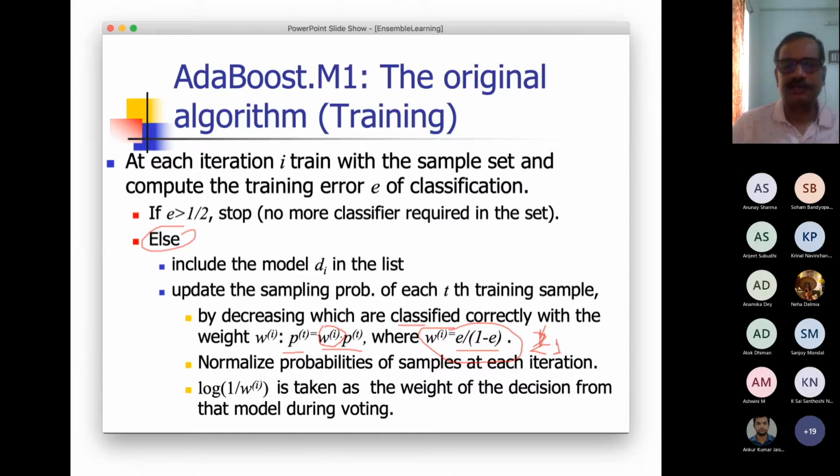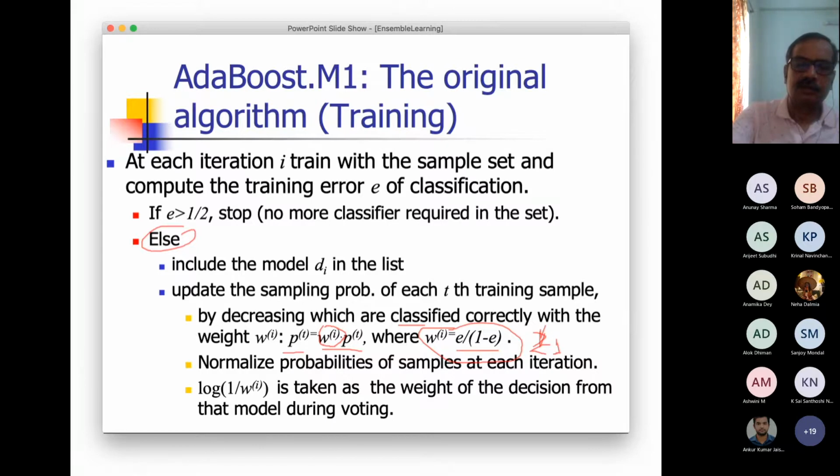Good classifiers are those with smaller e, and that's why their value of 1 by Wi is high. So the weights are taken in this form.